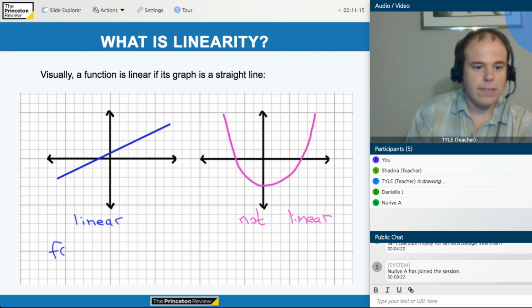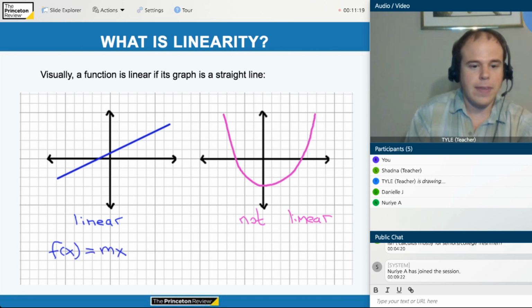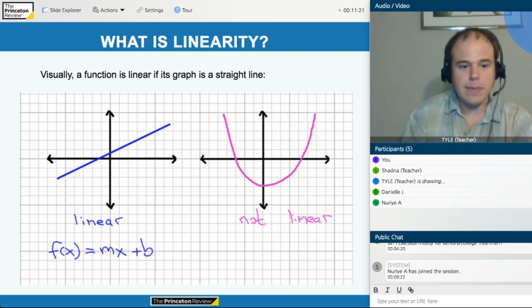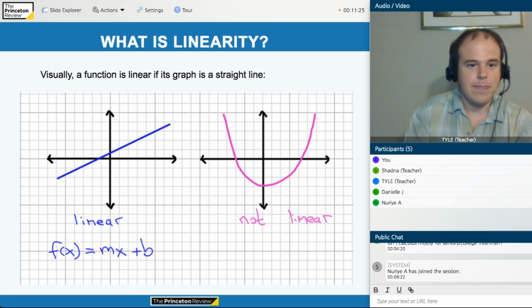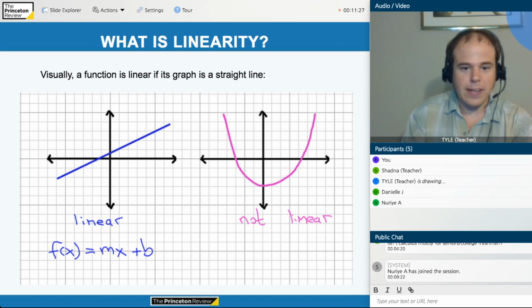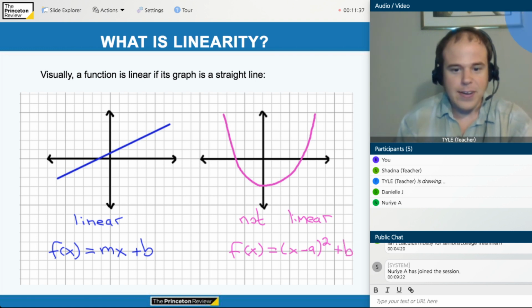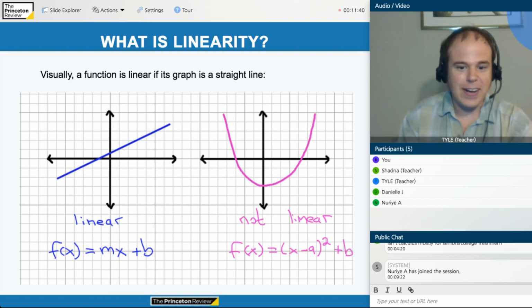For the one on the left, f of x is going to have the general form mx plus b, where m is the slope and b is the y-intercept. The one on the right is going to, in general, have the form f of x equals, and this actually isn't as important, the exact form of this for this presentation, x minus a squared plus b.